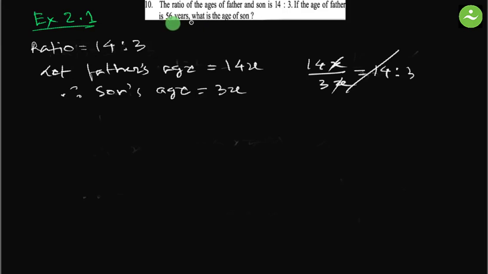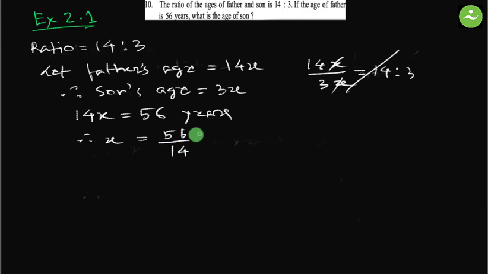From the question we get father's age is 56 years. Can we write 14x equals 56 years? Yes. Therefore, x equals 56 by 14, simplify, equals 4 years.